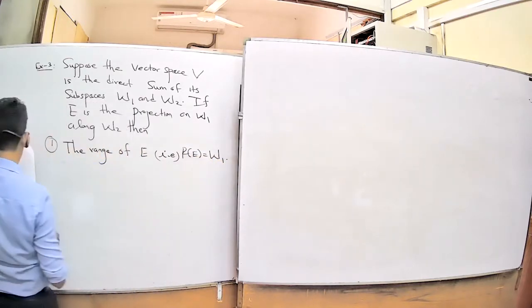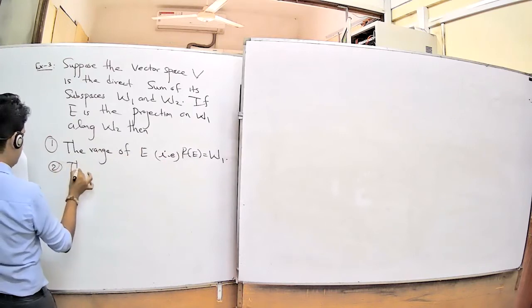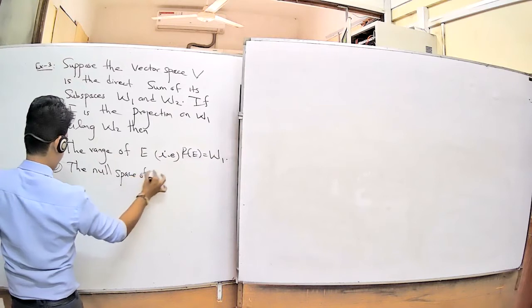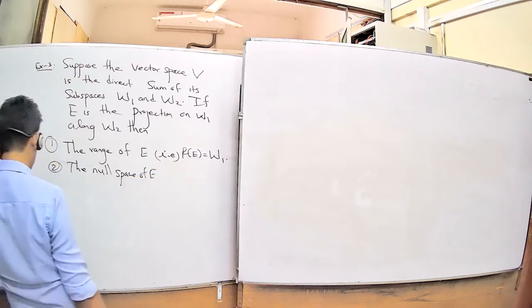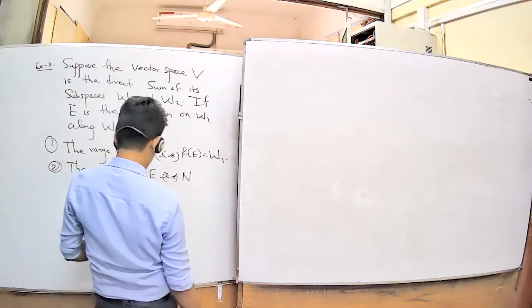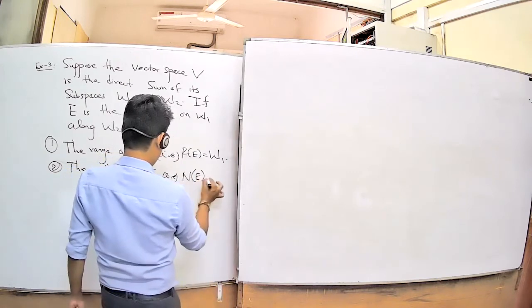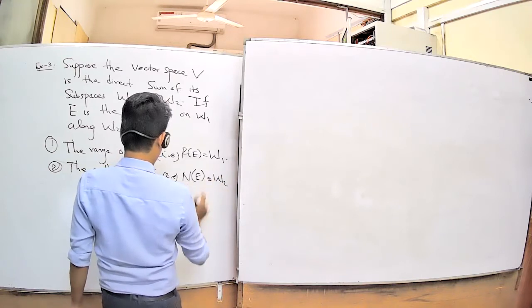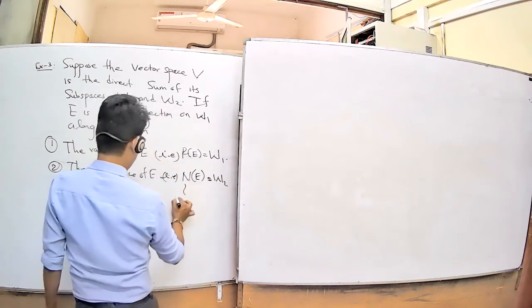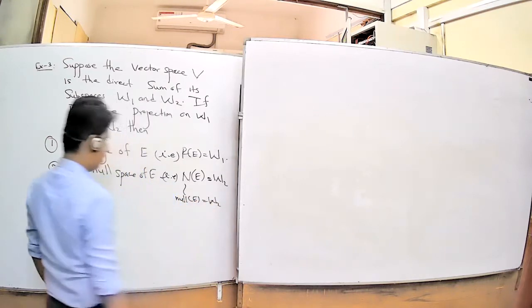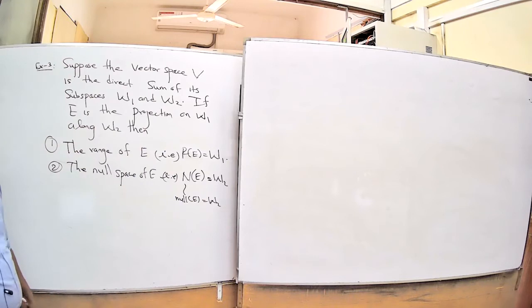The null space of E, which you can denote by N(E), is W2. Otherwise, you can denote this as null of E equals W2. Is it okay? Null of E equals W2.